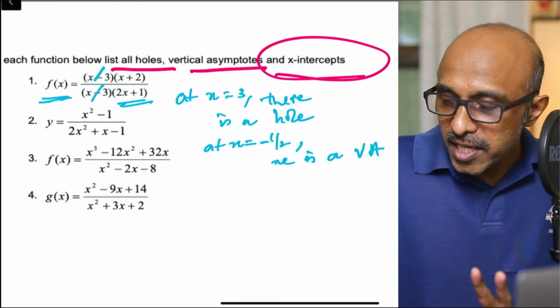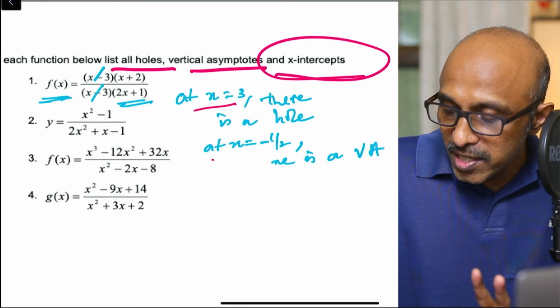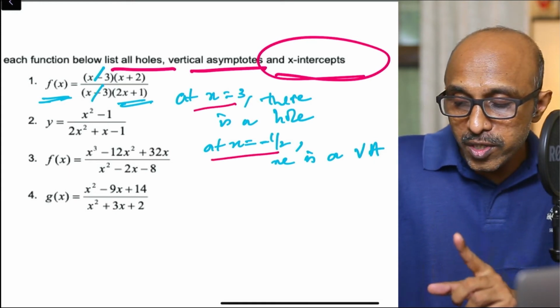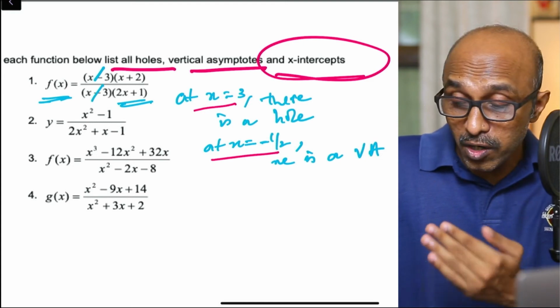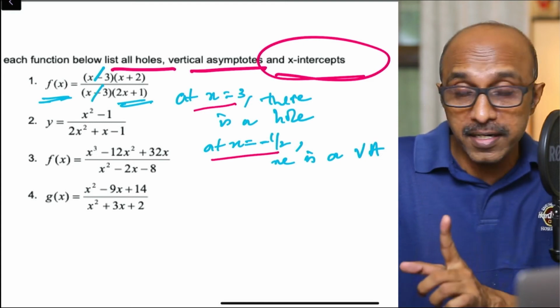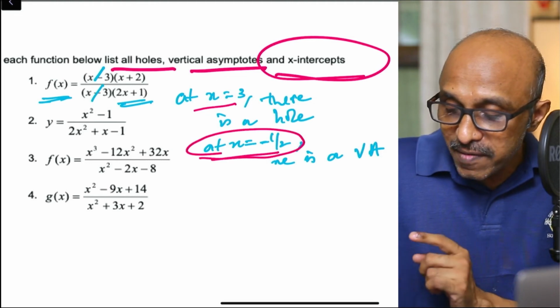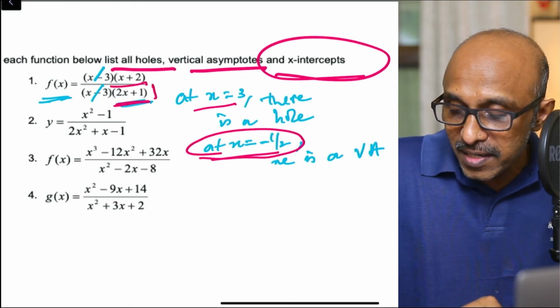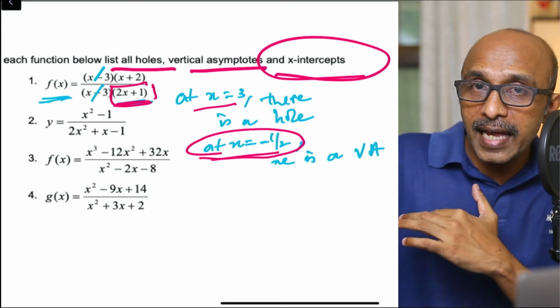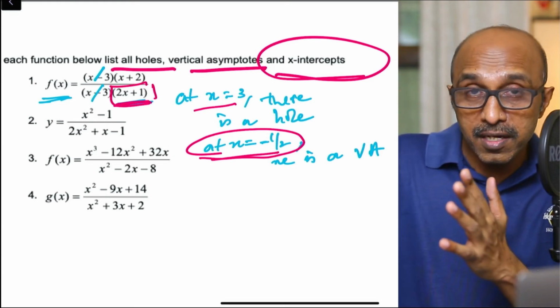So yes, x equals 3 and x equals negative half do not belong to the domain. That's why the function is not going to be defined at those values, but you're going to have a vertical asymptote only at x equals negative half, because that's the only factor that remains without getting cancelled out with any of the factors from the numerator.